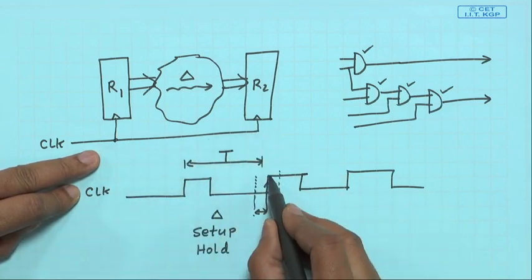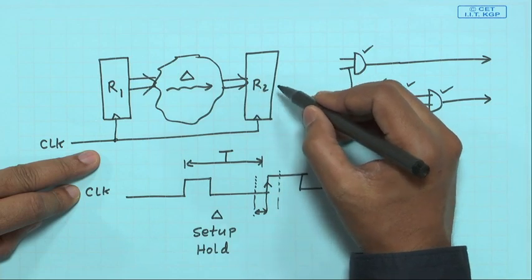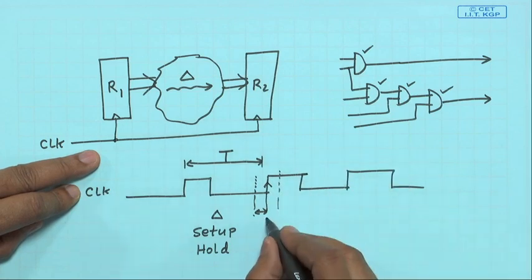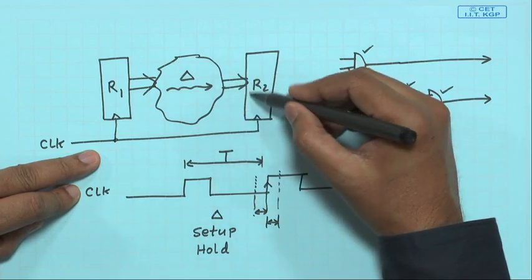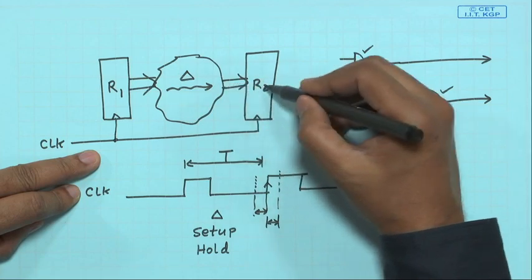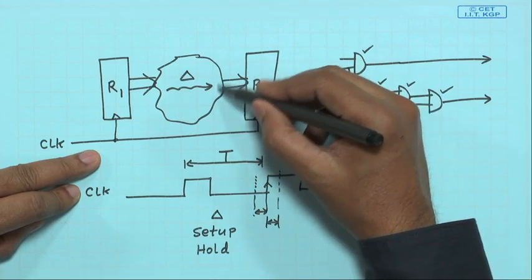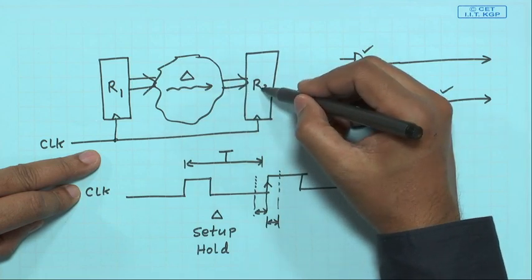Whenever a clock edge comes, the register does not respond instantaneously, it takes some time. So, there must be a minimum hold time. You must keep the data stable so that this register can faithfully record and store the input data. If the input starts changing in the meantime, then wrong data can get in.